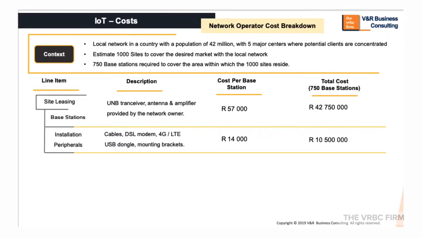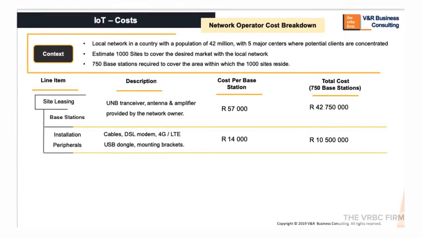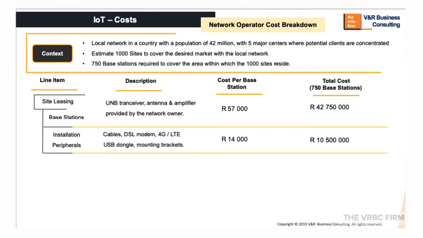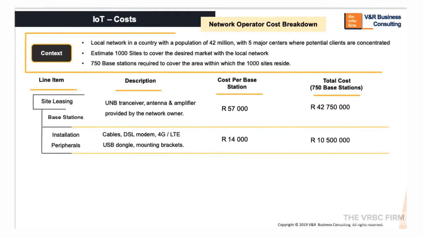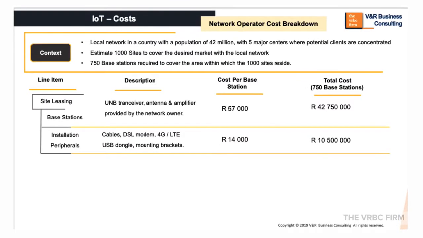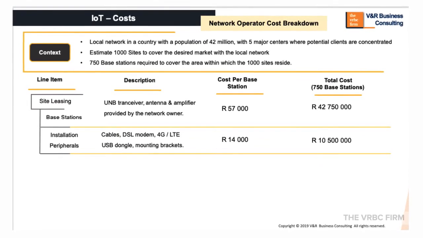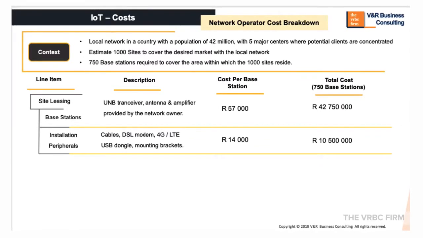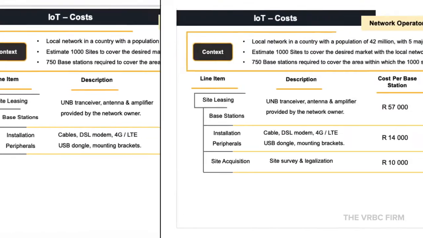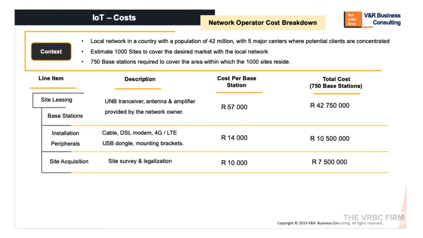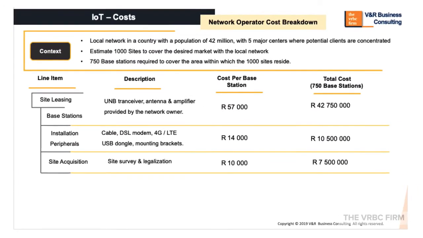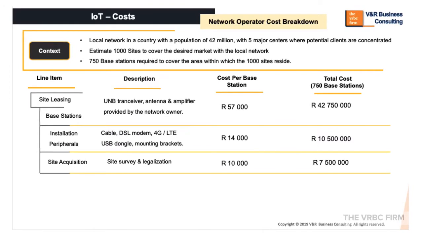The next item is installation peripherals. Site acquisition costs, signal interference levels analysis, and such.